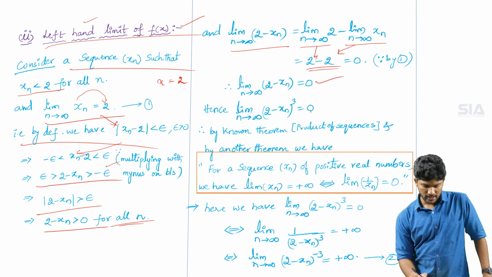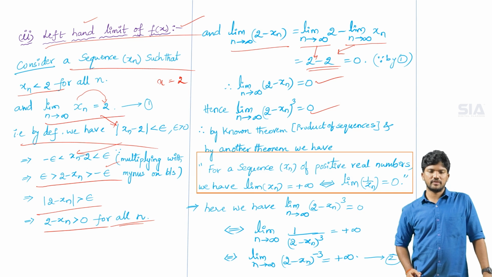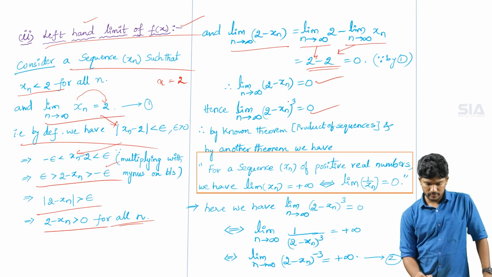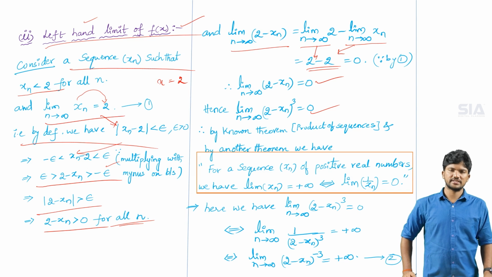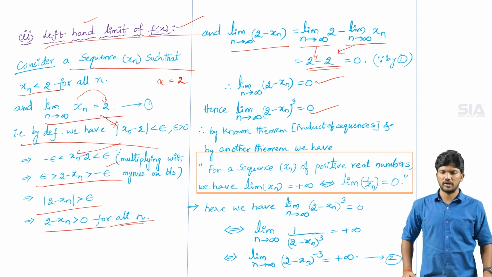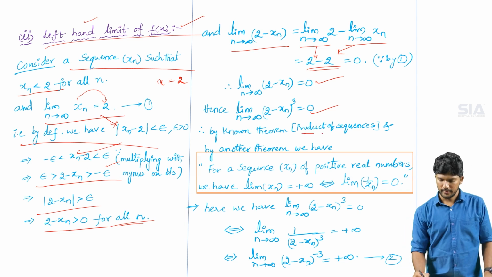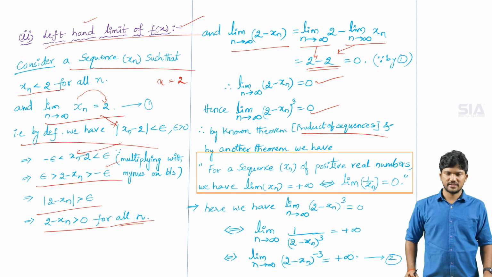That means limit n tends to infinity 2 minus x suffix n whole power minus 3. Okay, so therefore limit n tends to infinity 2 minus x suffix n whole power 3 is equal to 0 by the known theorem, that is the product of sequences theorem.